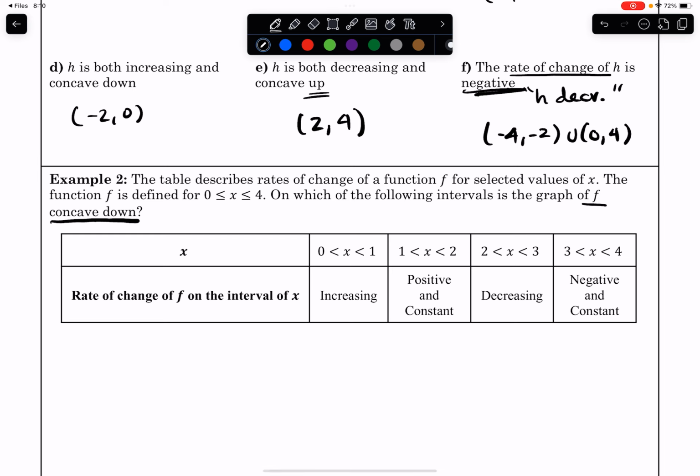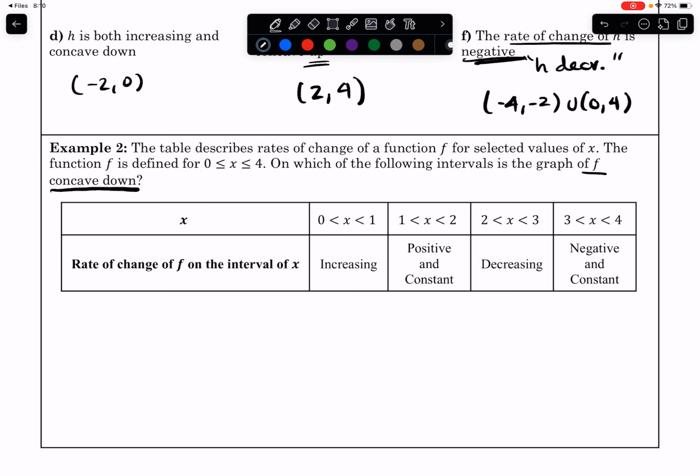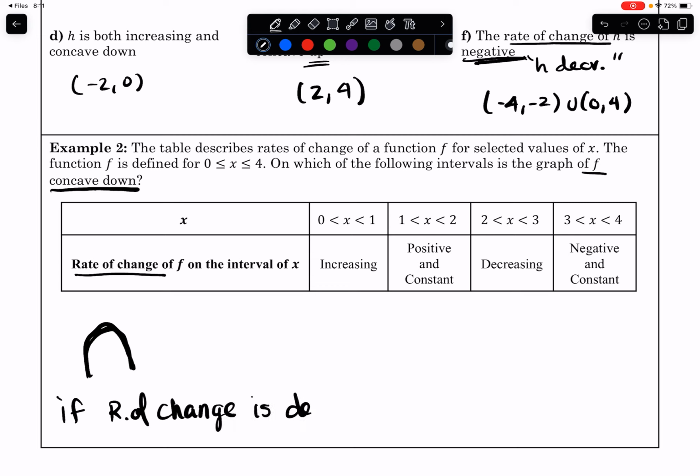Now, the correlation that we need to understand about f concaving downwards, about curving down, and the rate of change, is that a graph concaves down like this right here, so it curves downward like this, if the rate of change is decreasing.